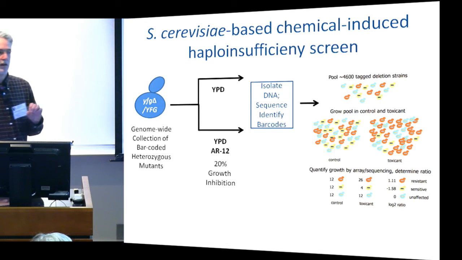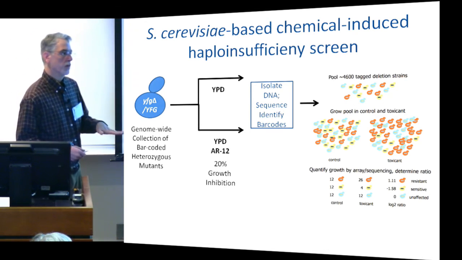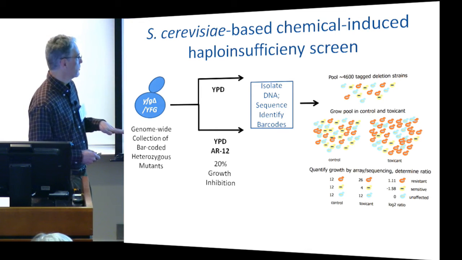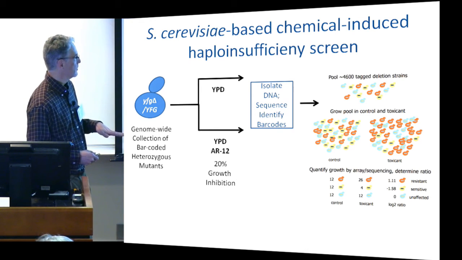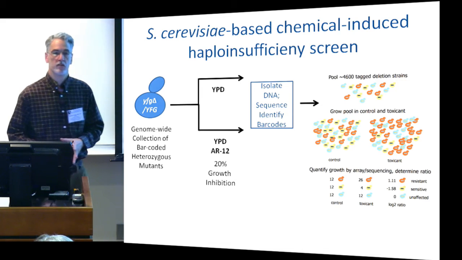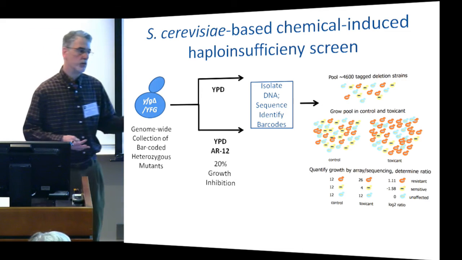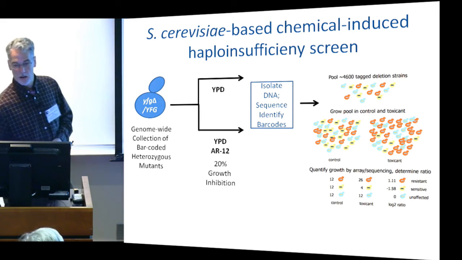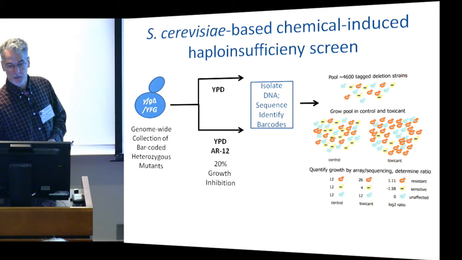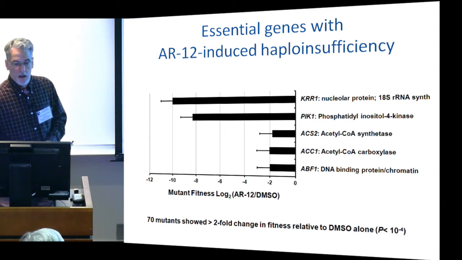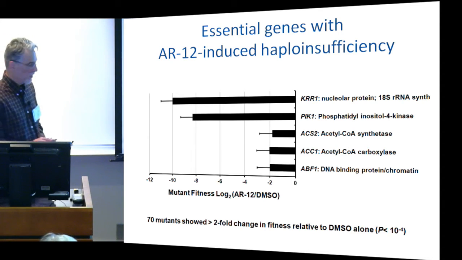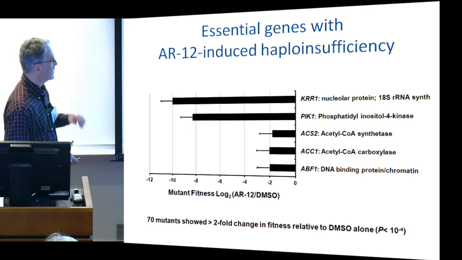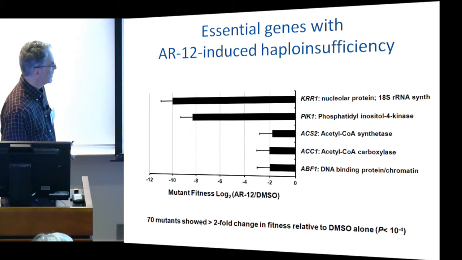We use enough drug to reduce growth in the treated sample by about 20%, isolate the DNA, sequence it, and basically ask which mutants fell out, which mutants survived, and assayed that by sequencing. We got about 70 hits out of the whole thing, and from the essential set, we got 5.